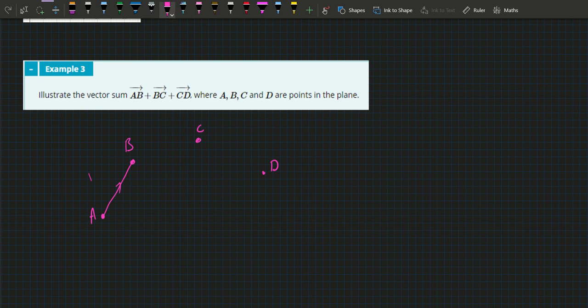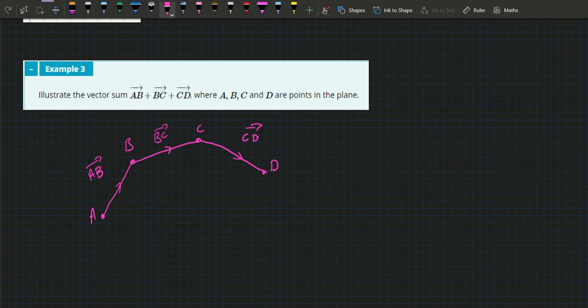Okay, so that's A to B. And from here to here, we've got B to C. And from here to here, we've got C to D. Okay, so there's nothing controversial here.